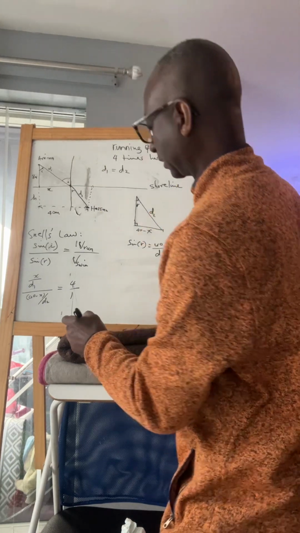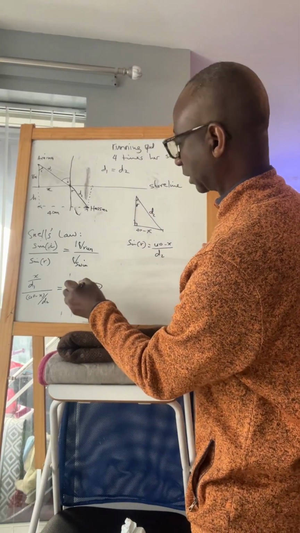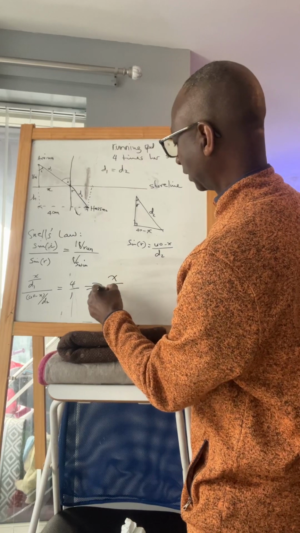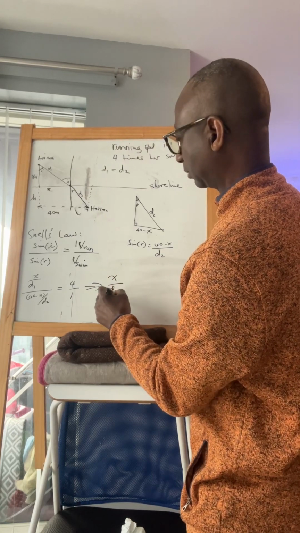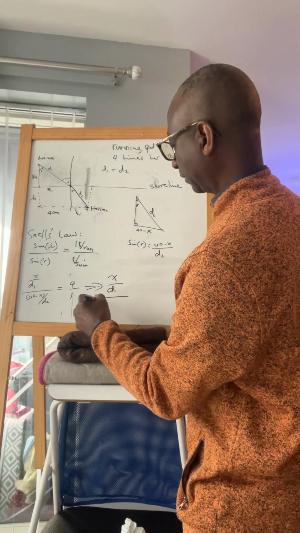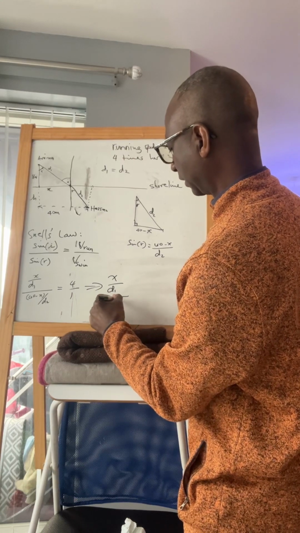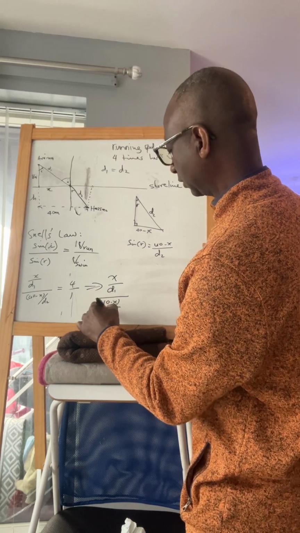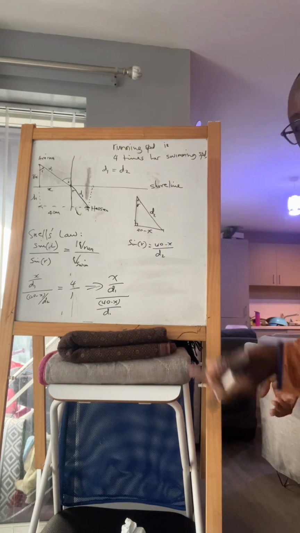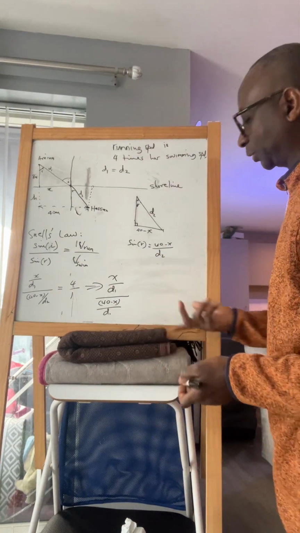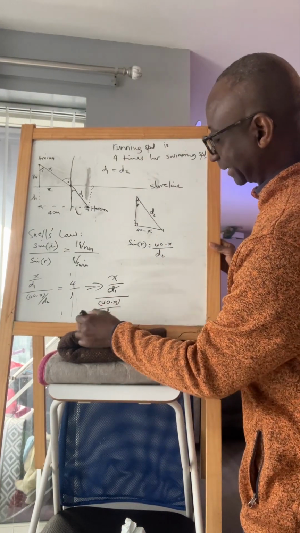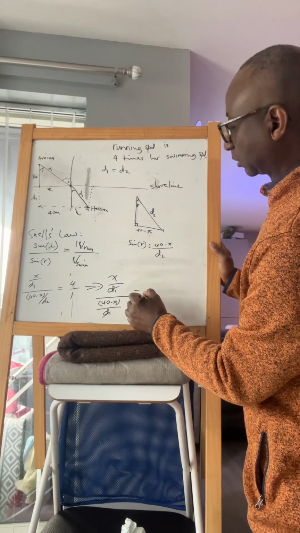So if that is the case, now this question will transform to x all over D1 divided by 40 minus x all over D1. Because D1 is equal to D2, this will cancel, and it says all equals 4.